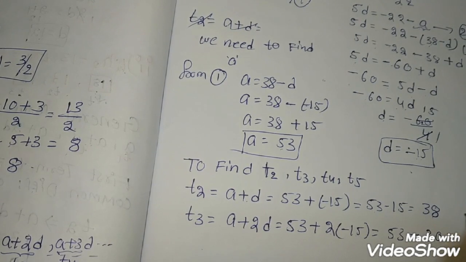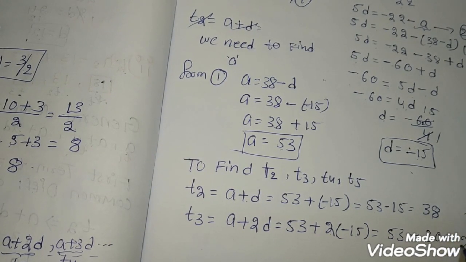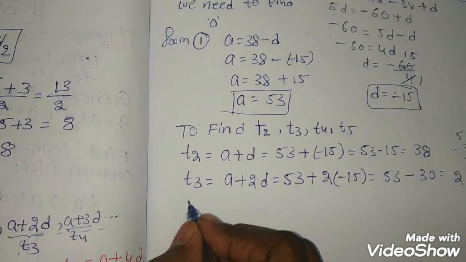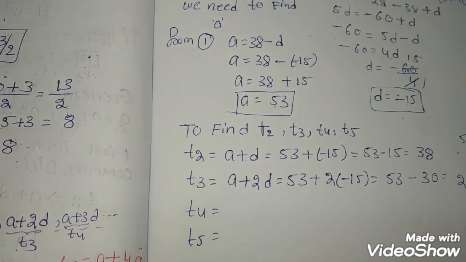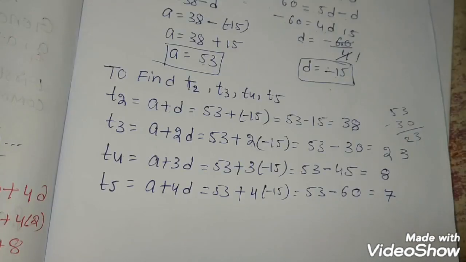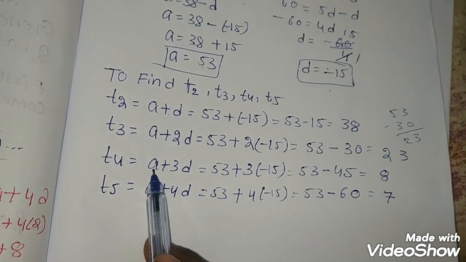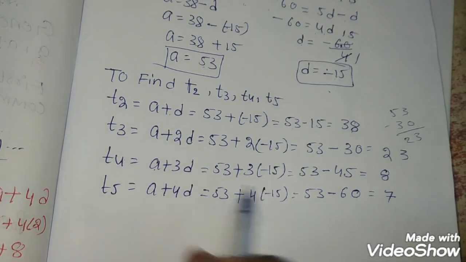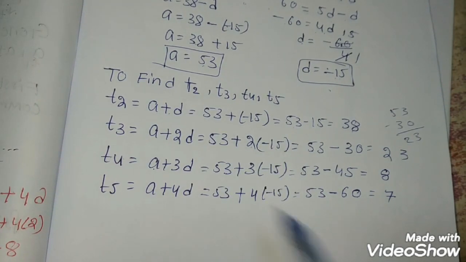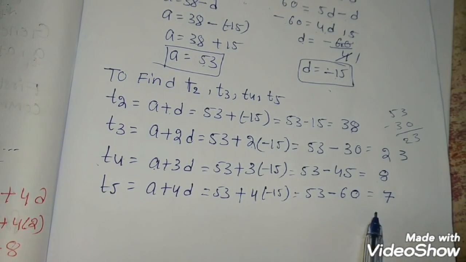Subtract 53 minus 30. What we get here? 23. Result is 23. Next, term 4 and term 5 we need. What is the formula of term 4 and term 5? A is 53 plus 3 into D, minus 15. If we do like this, then we get term 4 is 8, term 5 is 7.